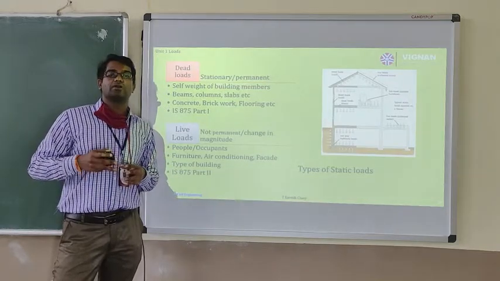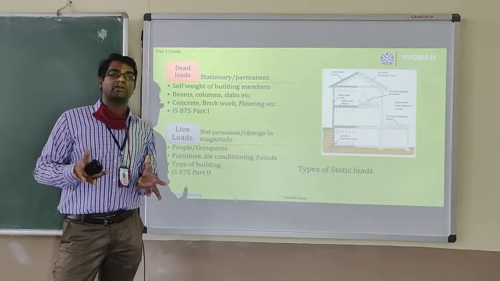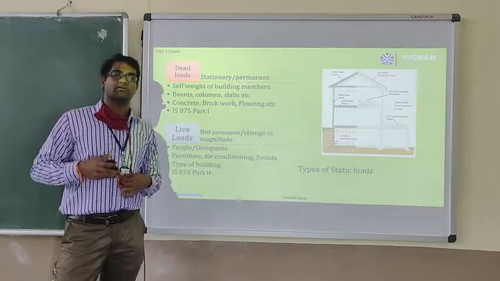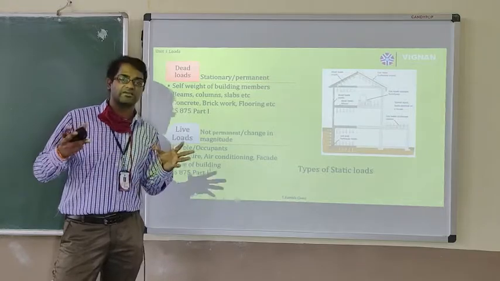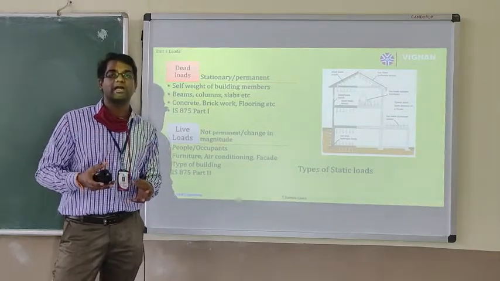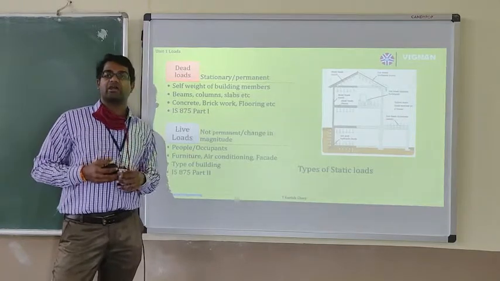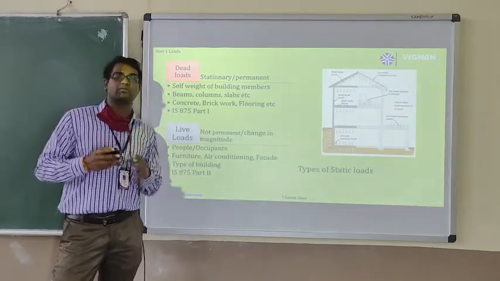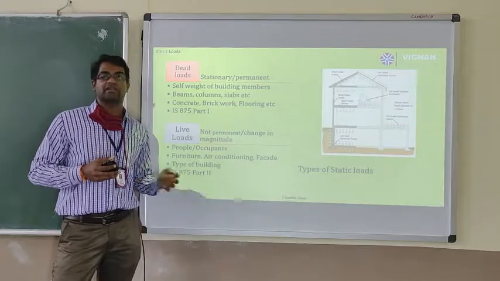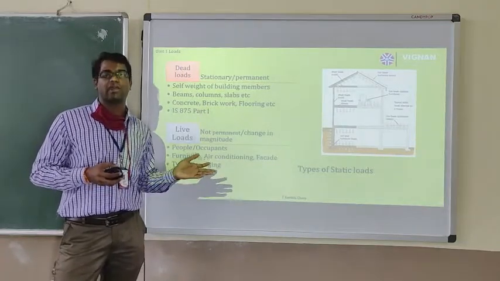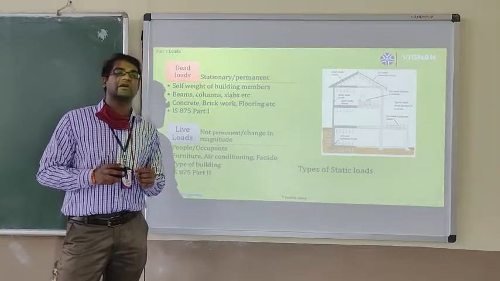These live loads depend on the type of the building. For institutional buildings it is a different load, for commercial buildings it is different, for residential buildings it is different, because it depends upon the type of occupants and the type of furniture. And the live loads to take for each building are clearly mentioned in IS 875 part 2. These two we can call static loads.